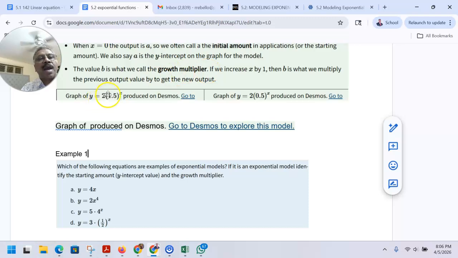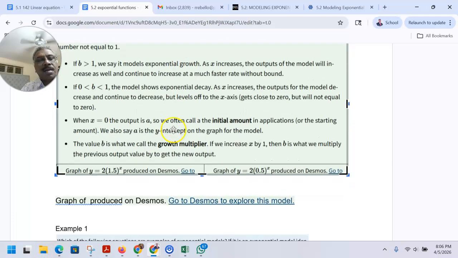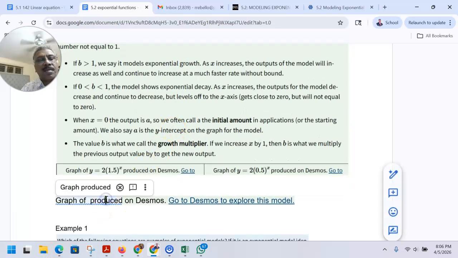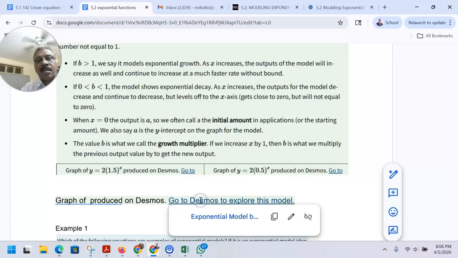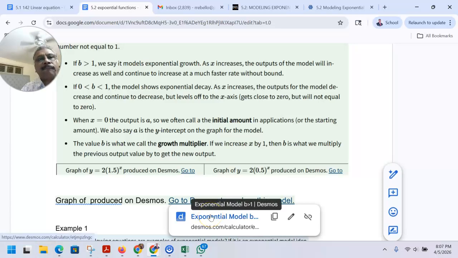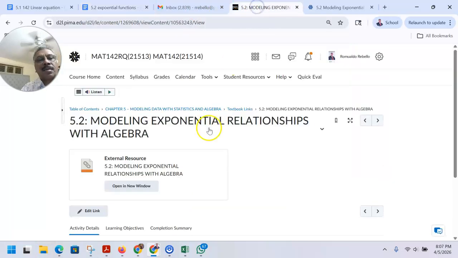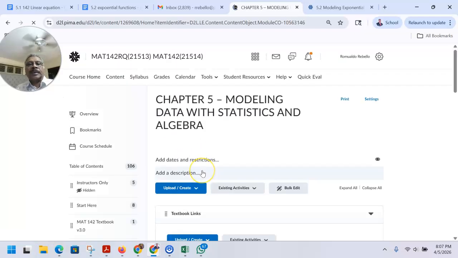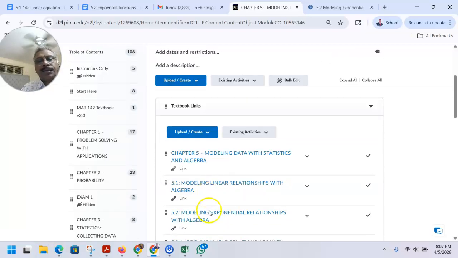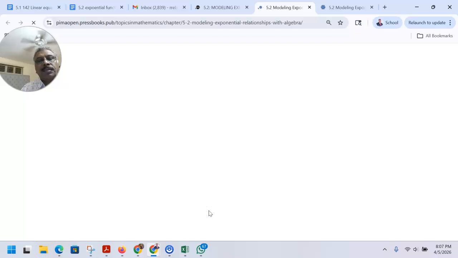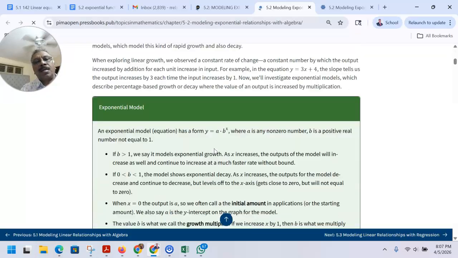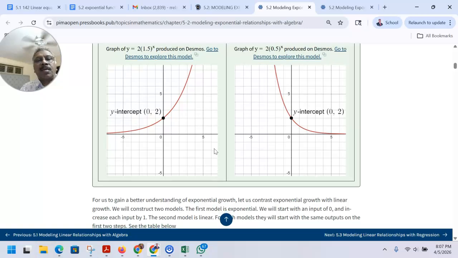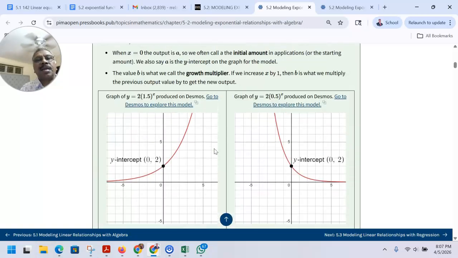If you see this, 2 times 1.5 ratios, I'm going to use this. I'm going to use the Desmos activity, which really helps.